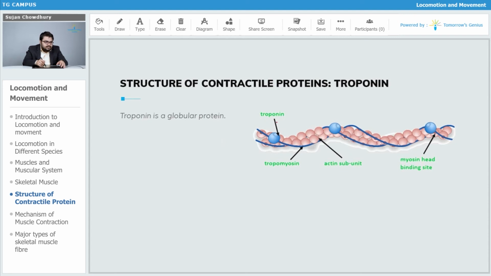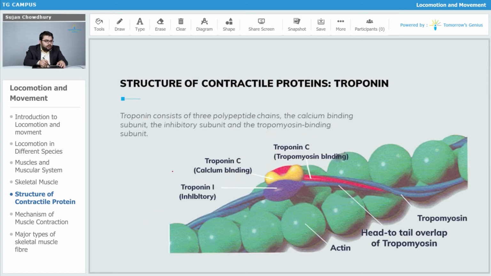And here you can observe the troponin, globular protein. The troponin consists of 3 polypeptide chains: the calcium binding subunit, the inhibitory subunit and the tropomyosin binding subunit. So troponin is very important for the stability of structure of the muscle fiber.